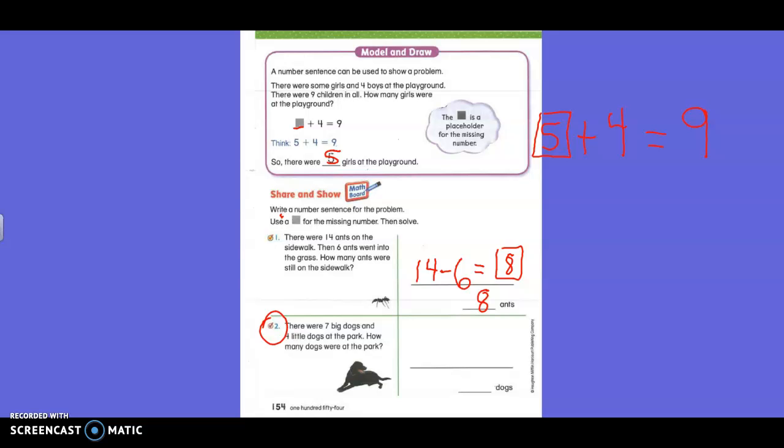There were 7 big dogs and 4 little dogs at the park. How many dogs were at the park? Are we going to be adding or subtracting in this problem, Grayson? We're going to be adding in this problem. So what will the first number be?